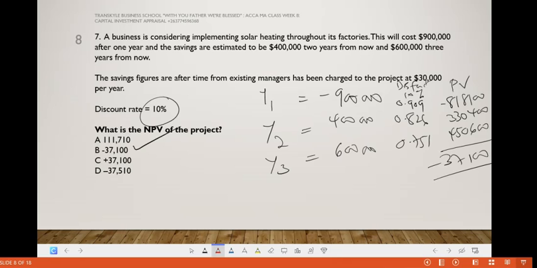Now, in this case, the investment is going to be made in year 1's time, not today. If we had invested this 900,000 today, in year 0, then the discount factor would have been 1. But now the investment is going to be done 1 year later. So this is the reason why we have discounted it with 0.909.